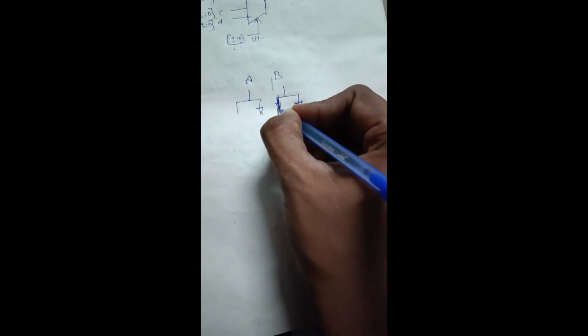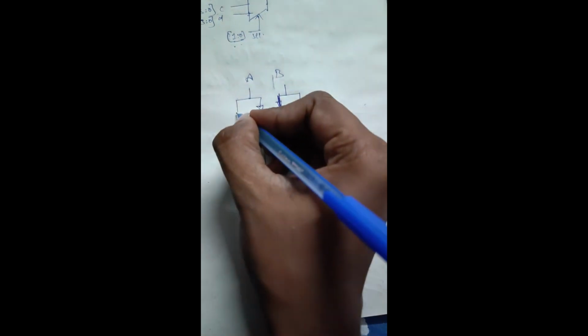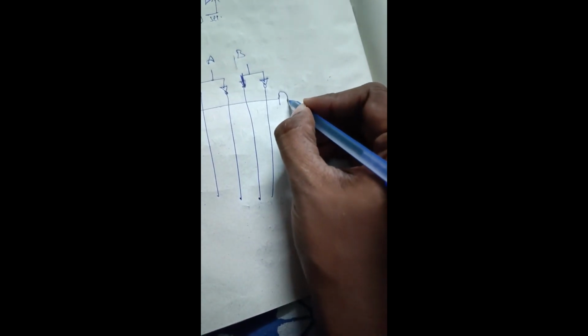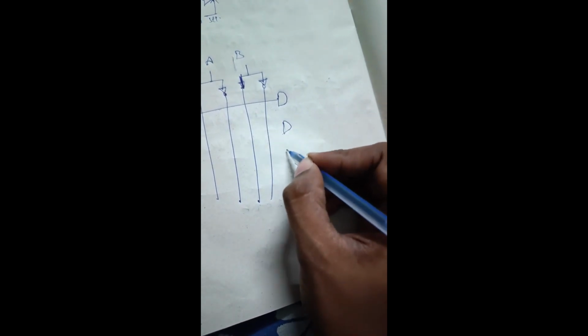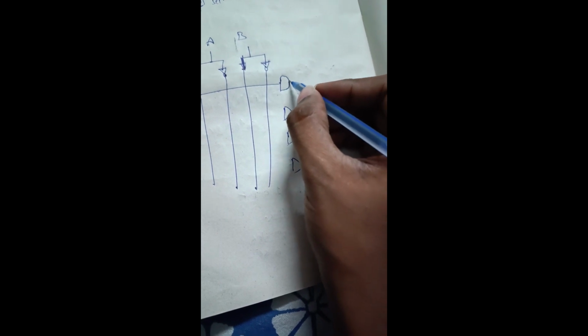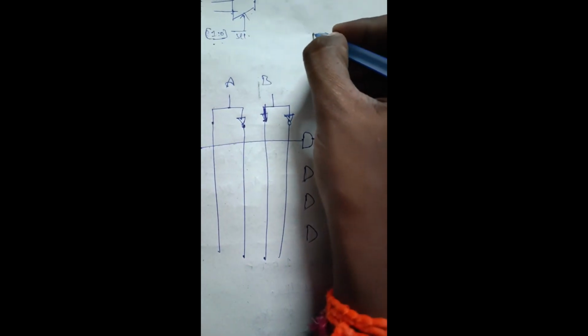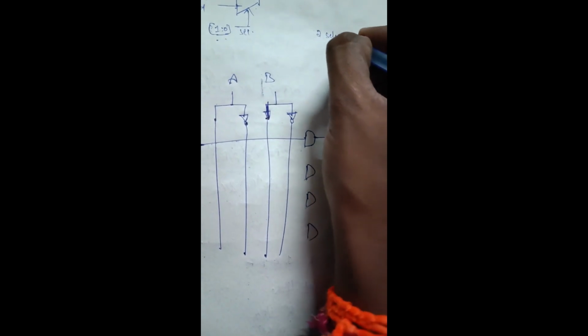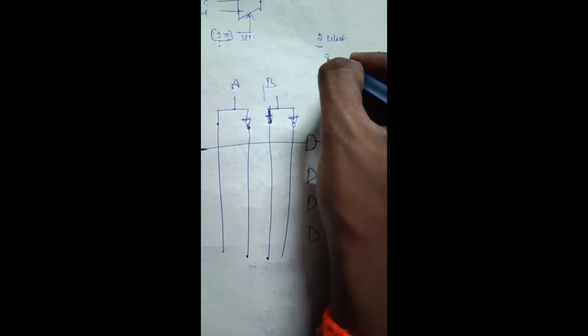And here we will have 4 inputs, 1, 2, 3, and the 4. These are for the 2 selection lines, so there are 2 bits.